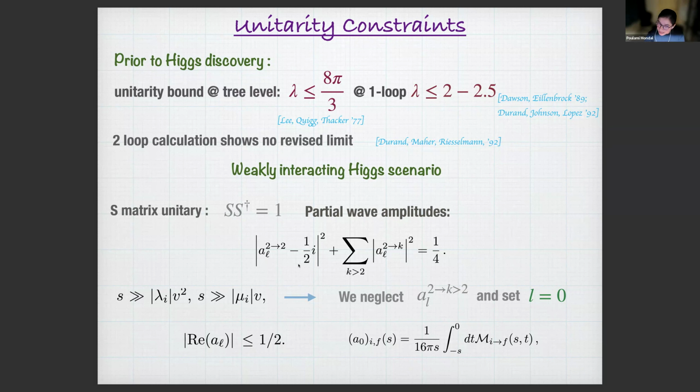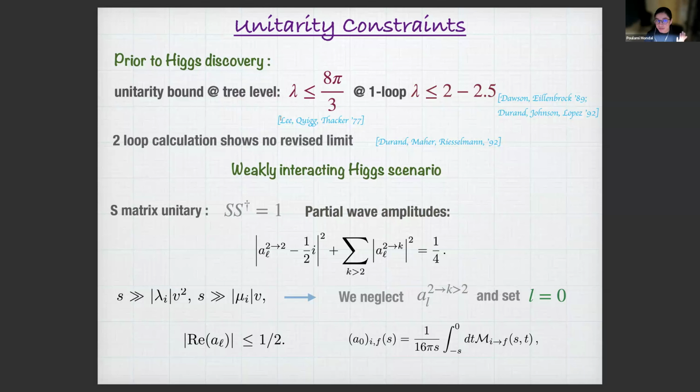Now if you stay in a tree level situation, these eigenvalues are real, so you can come up with this equation, which is the absolute value of the real part of the eigenvalue less than or equal to half, from the tree level calculation. But when you go from tree level to one loop, you can access the full unitarity circle.